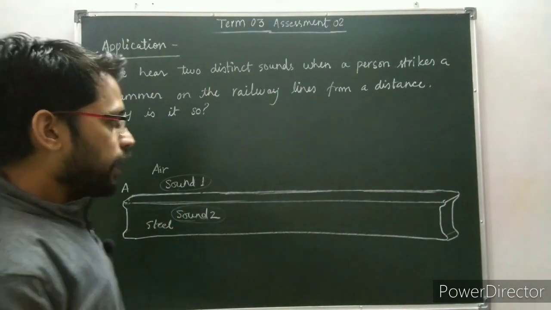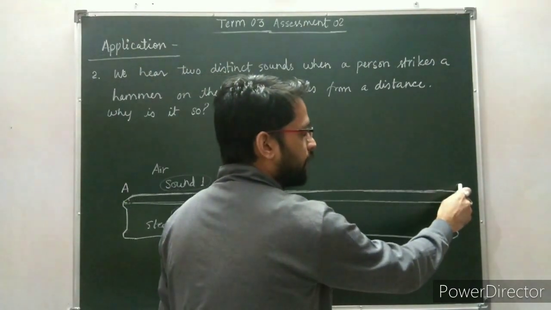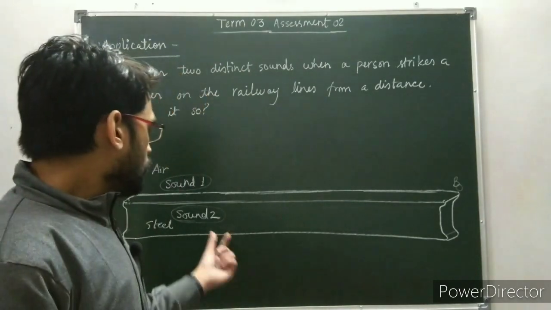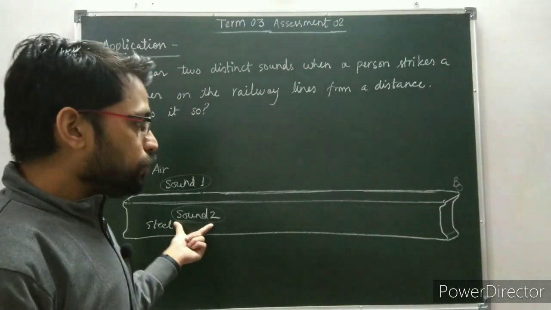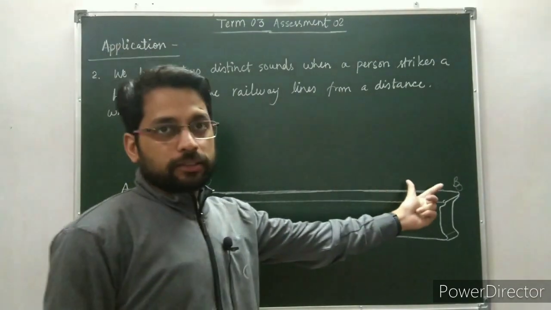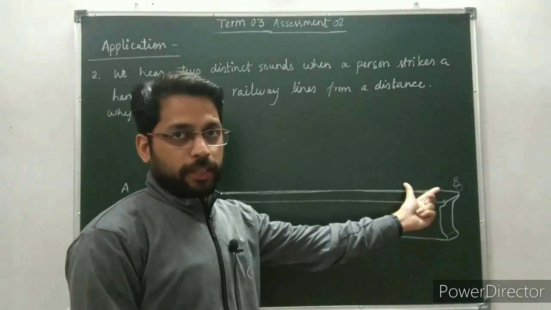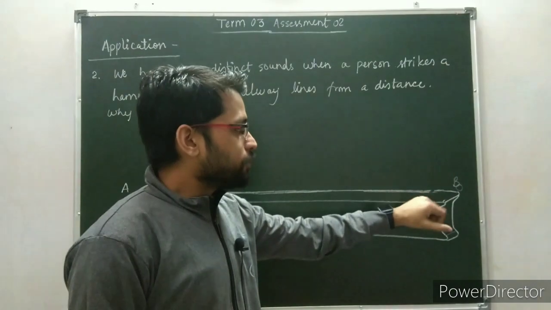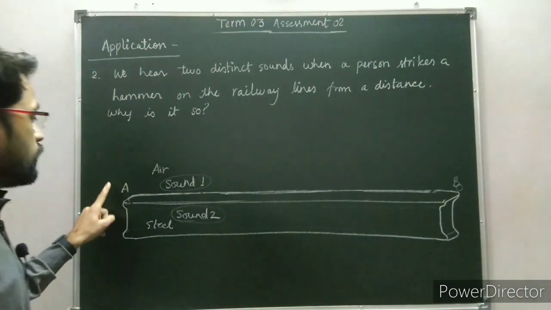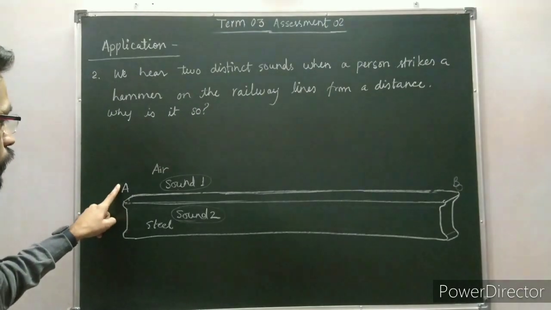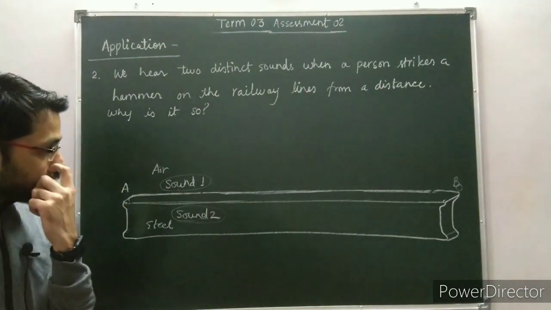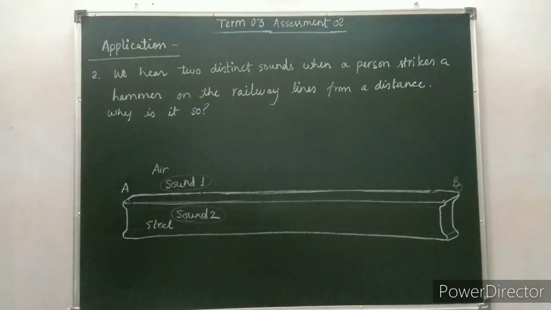If you are at point B, you will get sound 2 first and then sound 1 later, after some time. That's why you hear two sounds when you strike a hammer on the railway line. So this is the answer.